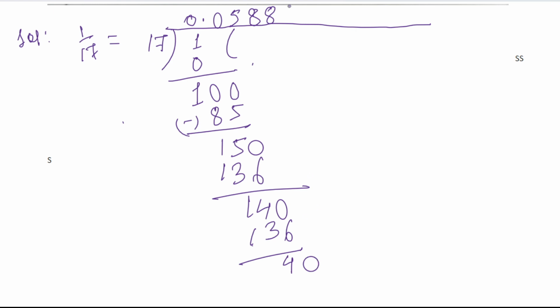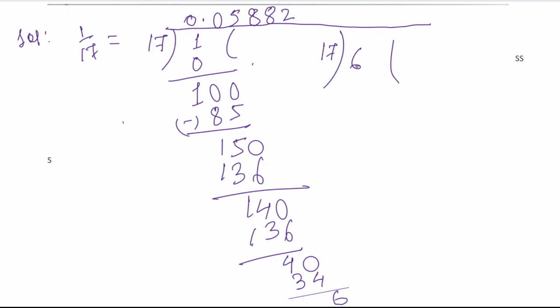17 and 40, 2 times, 34. So 40 minus 34 is 6. Now I'll divide 17 and 6. I'll take this 6 here.